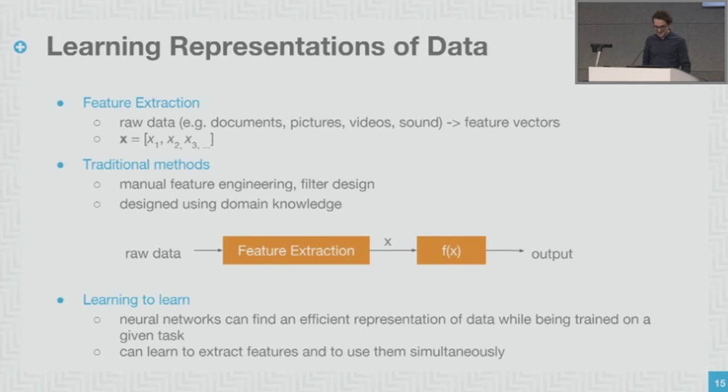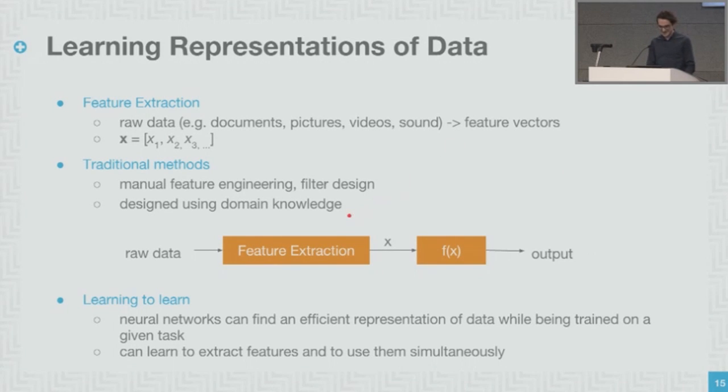That's why we have feature extraction in machine learning. I talked about it in my previous talk. Let's recap what it is. It's basically extracting feature vectors from raw data such as documents, pictures, videos, and sound that will be useful for machine learning algorithms. Traditionally, this has been done by manual feature engineering and filter design, and it requires using domain knowledge.